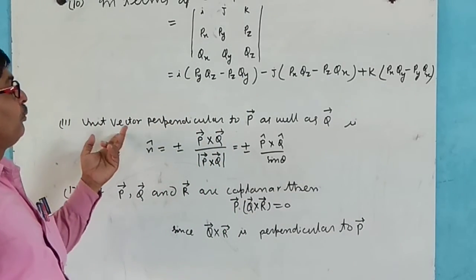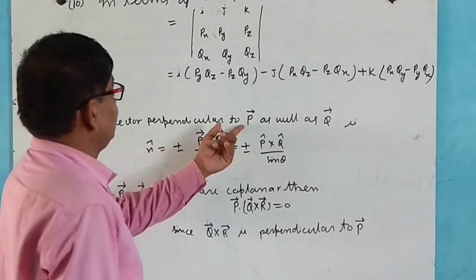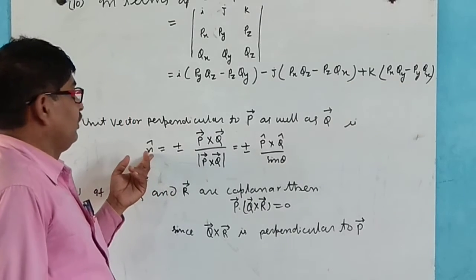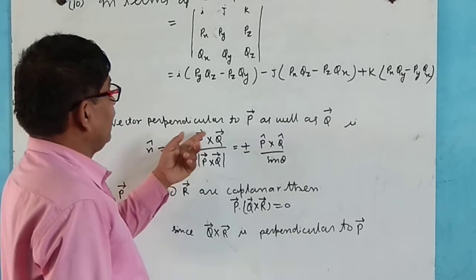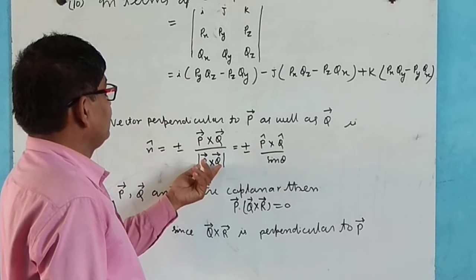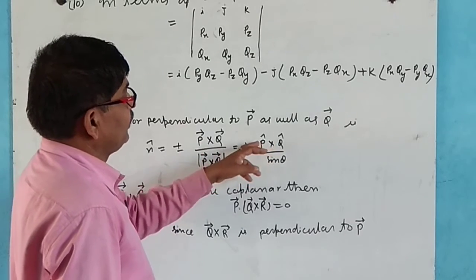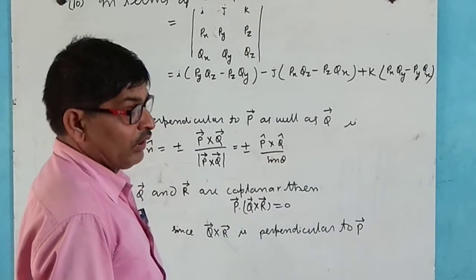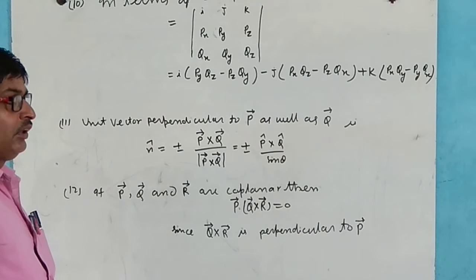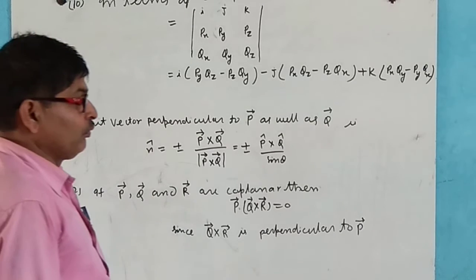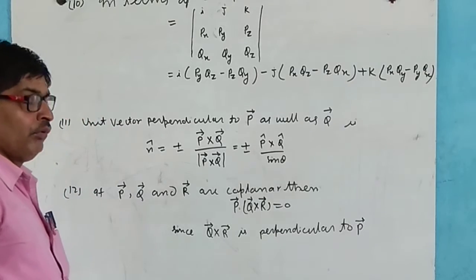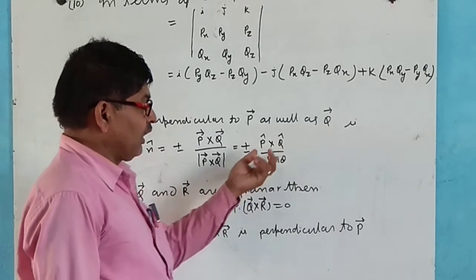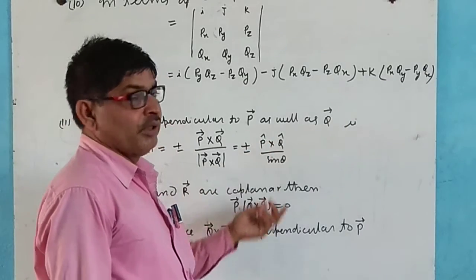Next, the unit vector perpendicular to both P and Q is the unit vector n equal to P cross Q divided by the magnitude of P cross Q. As we know, i cross j equals 1 into 1 into sin theta into the unit vector n, and we calculate the unit vector by dividing the cross product by sin theta.